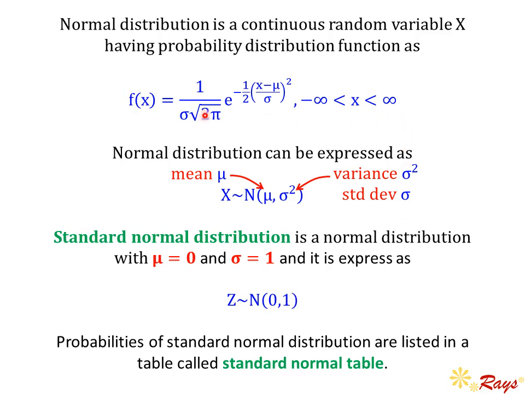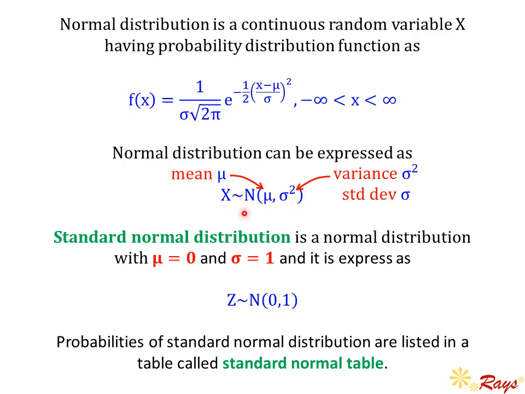As we can see here, the probability distribution function of normal distribution is quite complicated. So probabilities of normal distribution are listed in a table called standard normal table, but this list of probabilities is only for standard normal distribution.